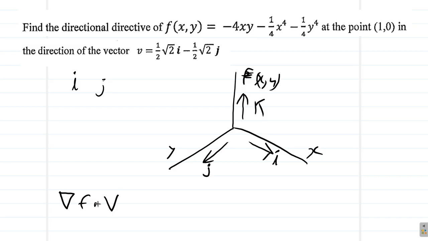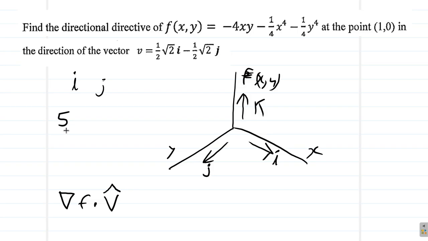But you can't multiply the gradient of the function by the full vector. It must be the unit vector, so you put a little hat over v to say it's a unit vector. Or you find the unit vector, same as how you find the unit number.